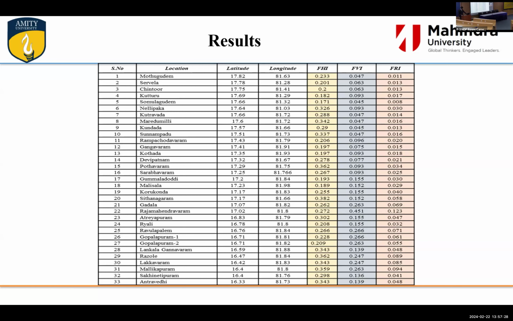Along with this, I would like to ask, what is the novelty of your model? Is your model the first one applying GIS-based AHP? Or what is the other novelty of your model? Yeah, it's not the first model applying the combination of these two, ma'am. But no one has done it for this area, because it is in the lower Godavari basin, almost where the river is meeting the sea.